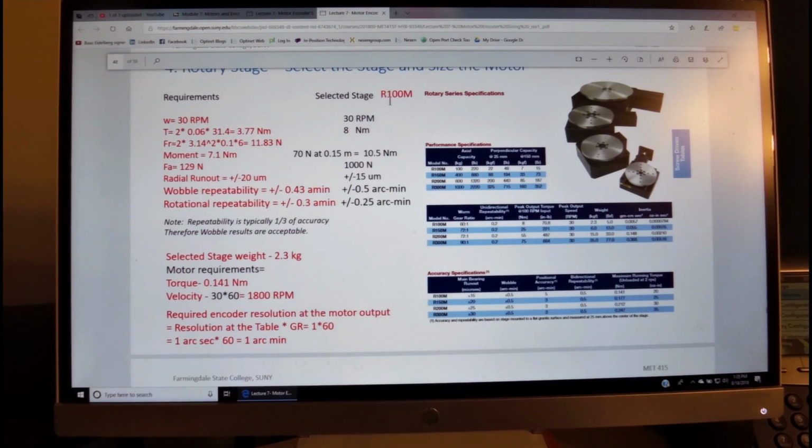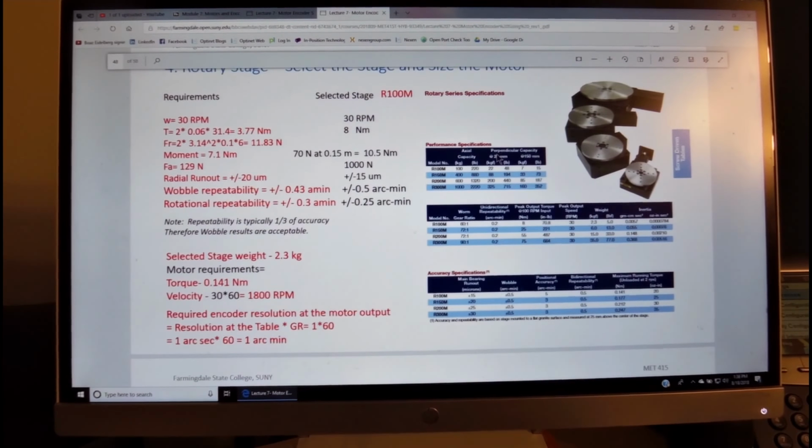Over here we see an example where we summarize all the requirements, and we find a stage, the so-called R100M in these specifications. And we see over here 100M, which is the smallest one, and we compare the selected stage specification with the required, so we're making sure that each and every one of them is being satisfied.